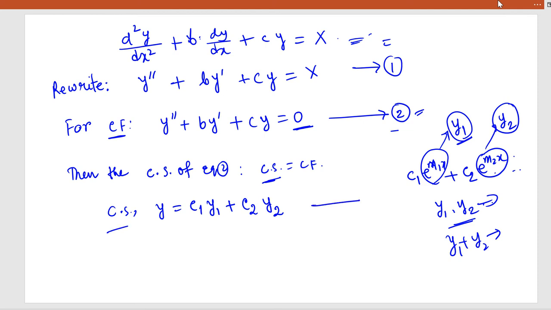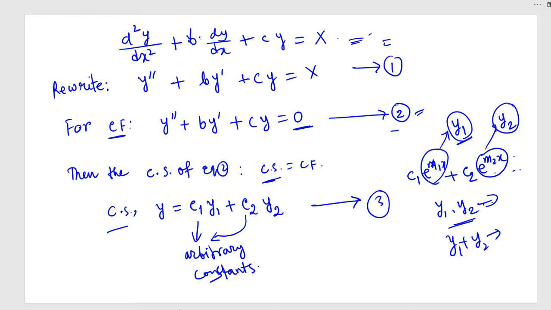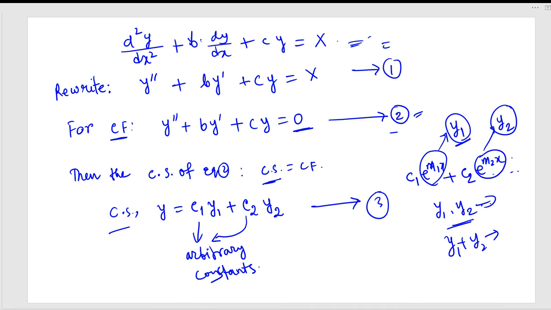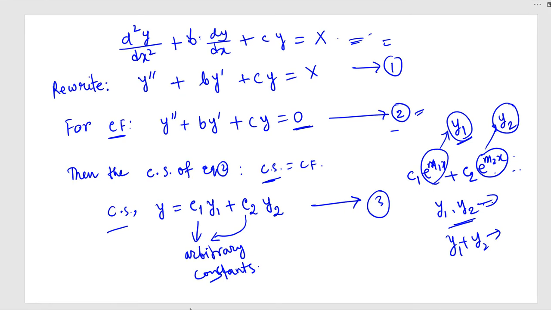Let us call it 3, and here C1 and C2 are arbitrary constants.